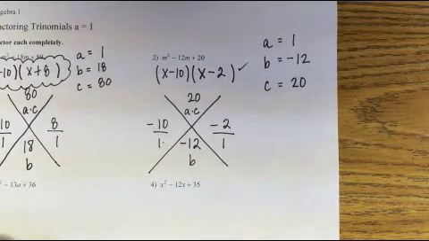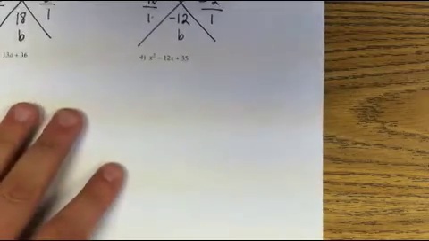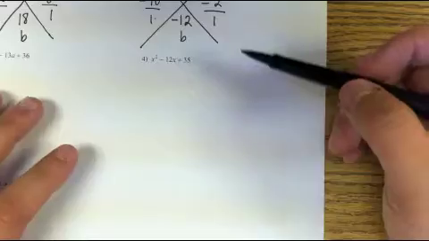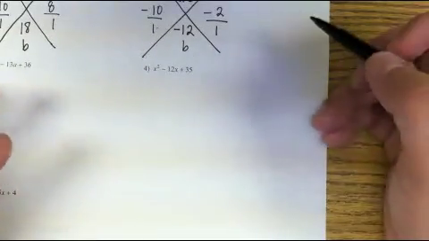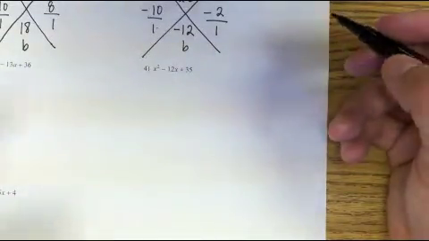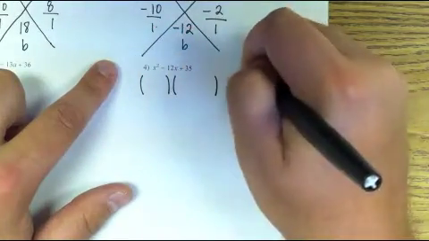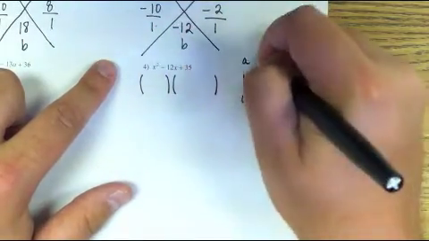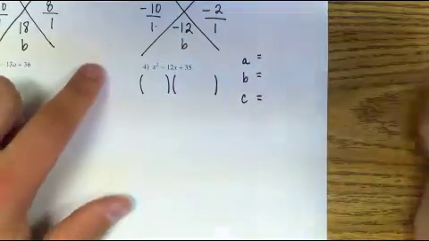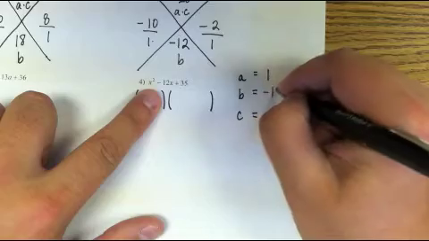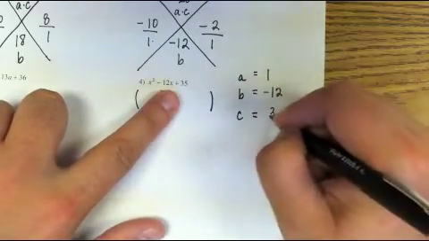Okay? Now, let's look at another one. We're actually going to look at number 4. I'll come back to 3 in a moment. Now I'm going to go over 4 because this will be a good time for me to illustrate how I can use my calculator to aid me with this. Okay? So, I'm going to open up my 2 parentheses, set it up like I've been doing. Okay, what's A in this case? 1, B is negative 12, and C is 35.